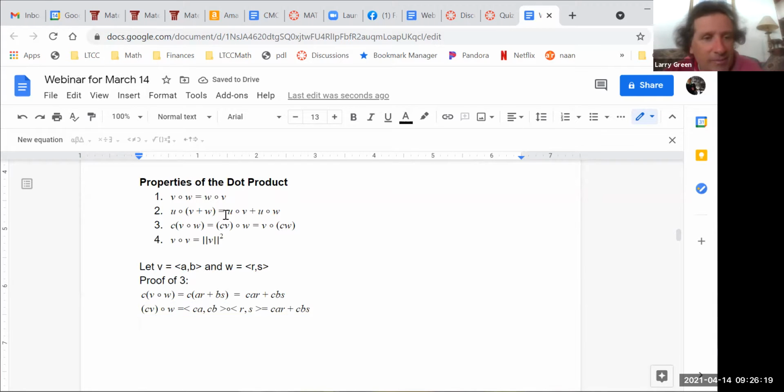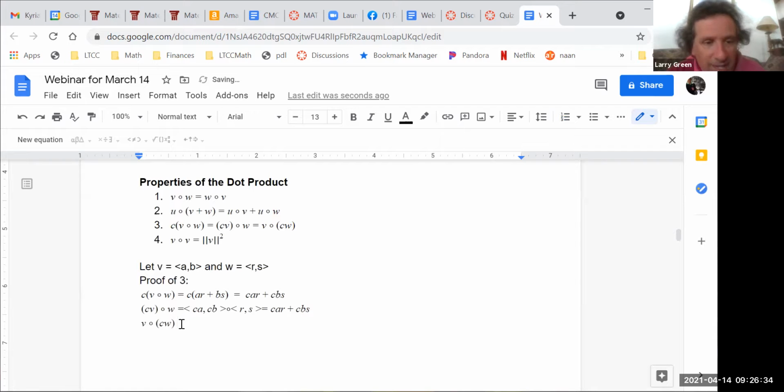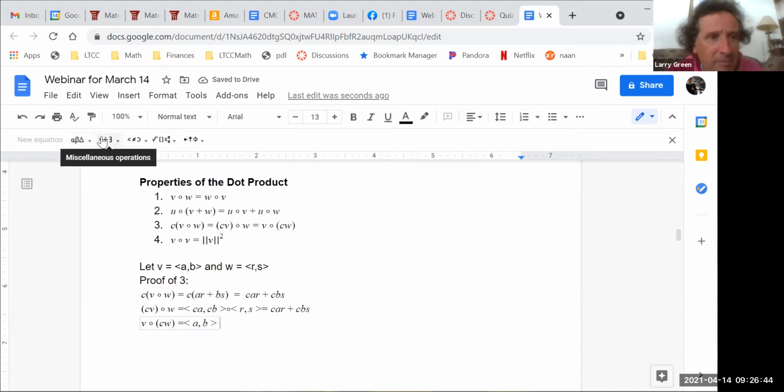So now I just do the next one. I think I'll copy that one. Less typing. So v dot cw is equal to v, sorry, it's equal to a comma b dotted with, and then cw is going to be cr comma cs.